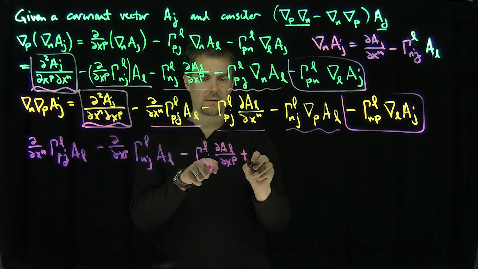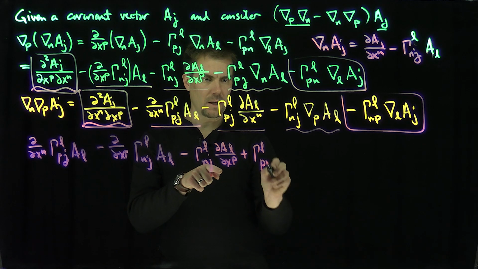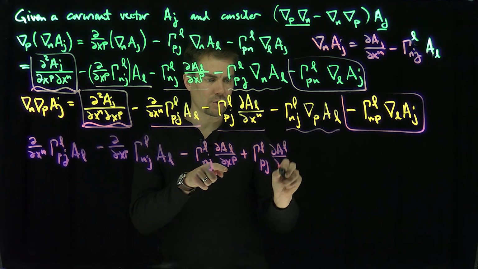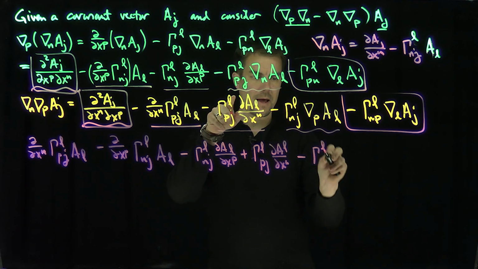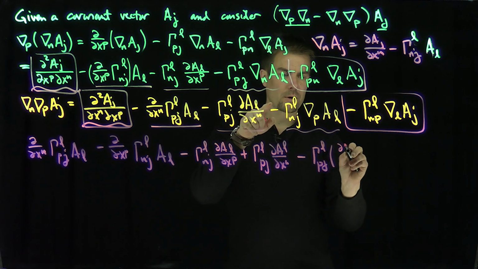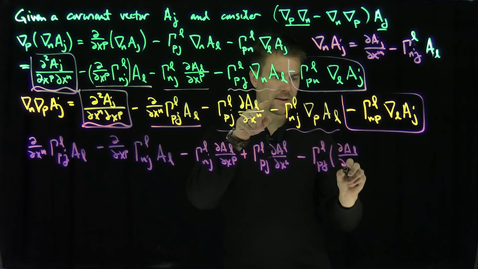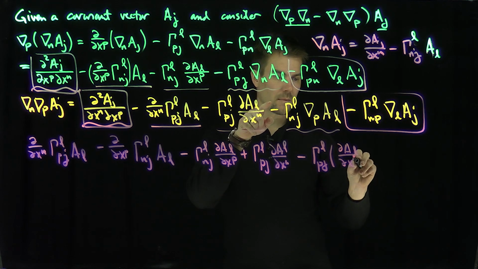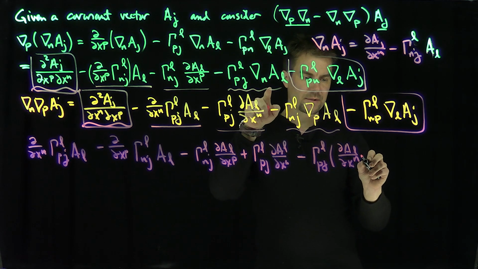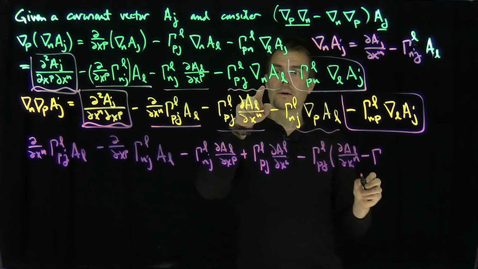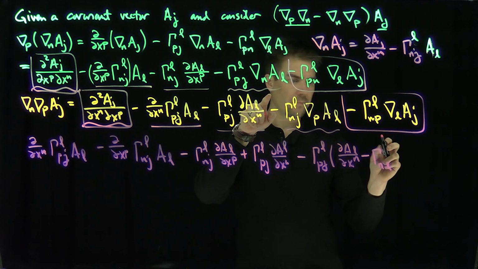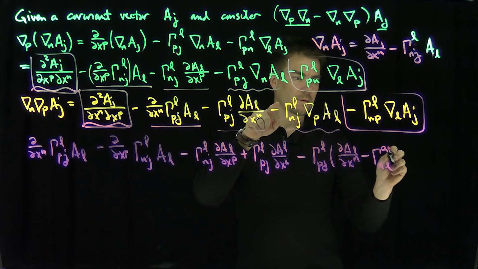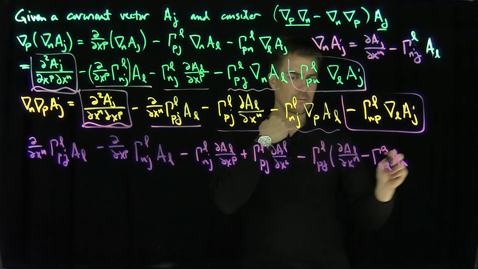And then these terms over here are positive. So these terms are going to be positive gamma^l_{pj} partial A_l partial x_n. Then I'm going to do minus gamma^l_{pj}, and then we're going to hit this with a what? With a partial A_l partial x_n. And then minus gamma of what? Minus gamma^a_{nl}, A_a.